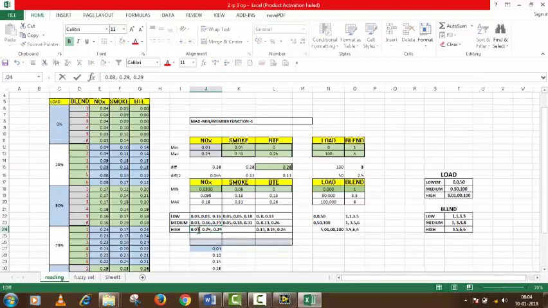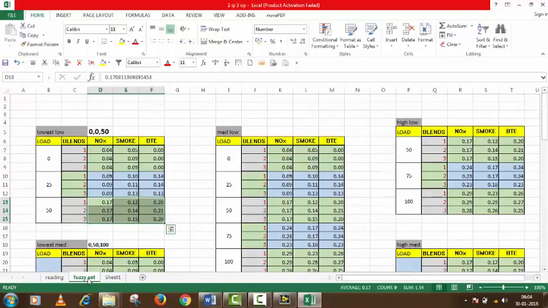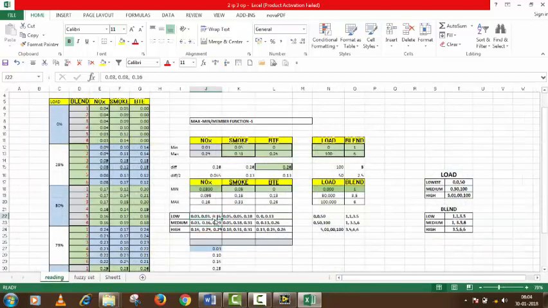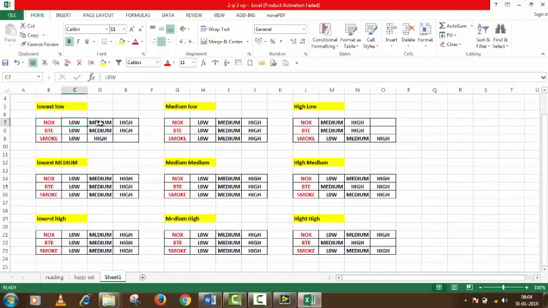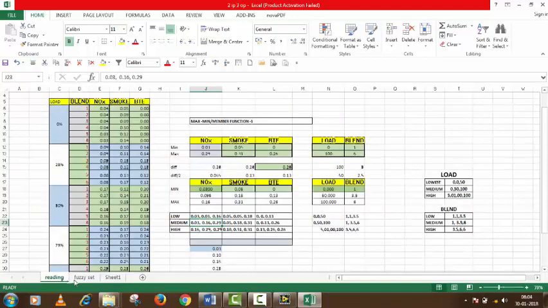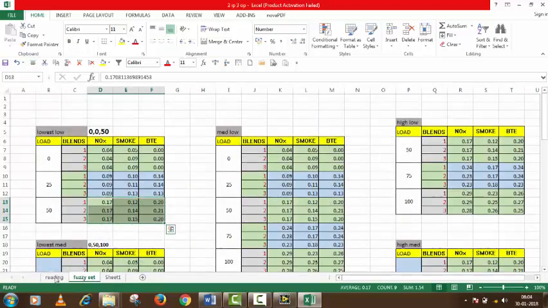Similarly 0.09 also lies here, am I correct? So low medium will come. So first you can put it as low medium. Understood?